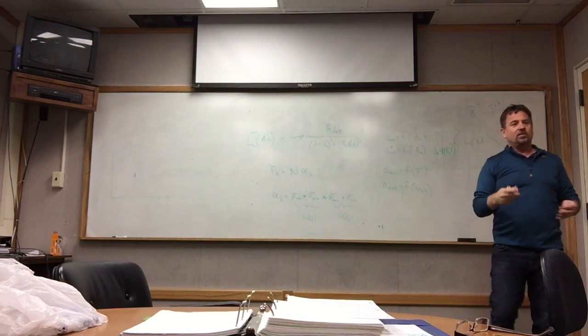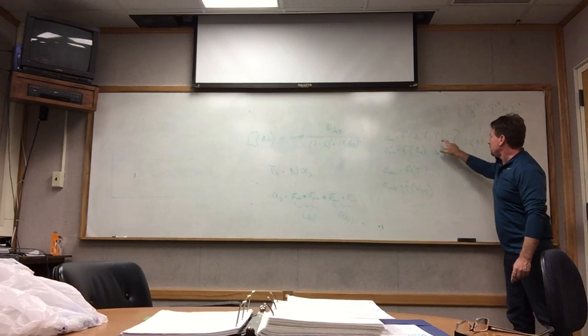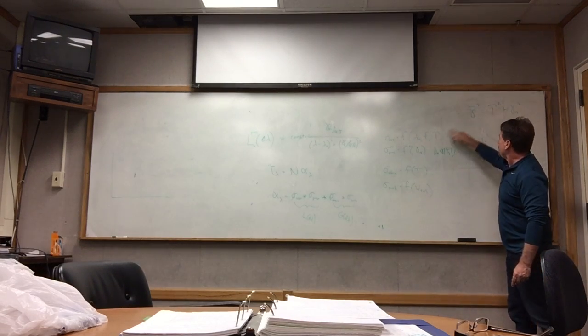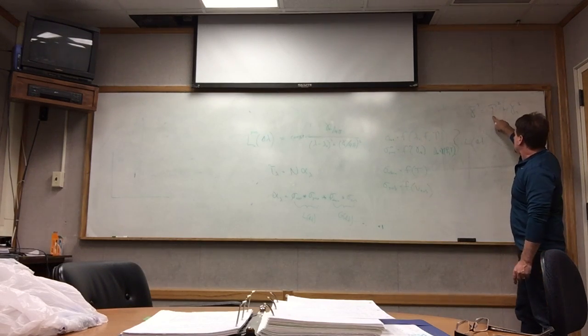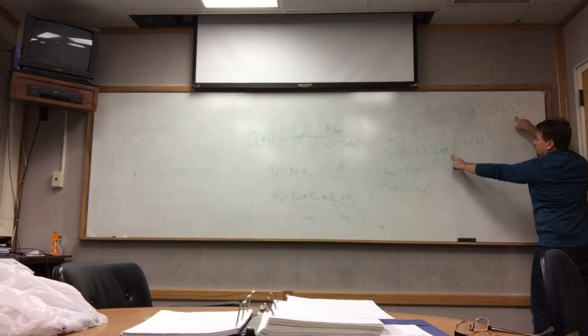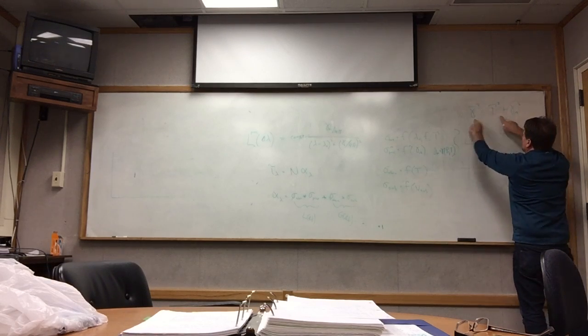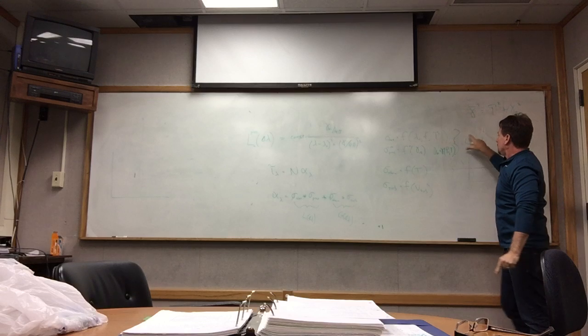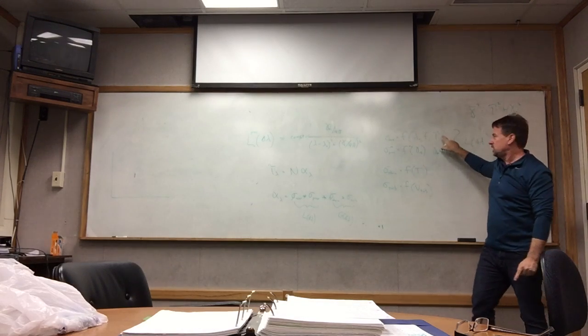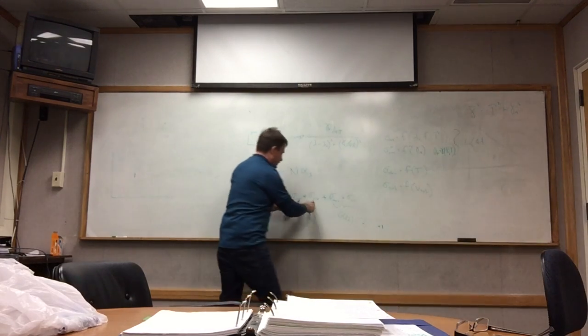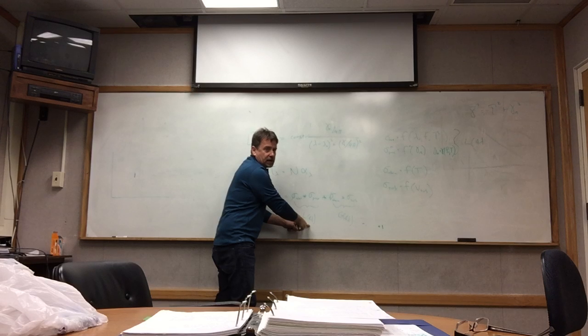You're not actually doing the convolution on the computer. You're using the property that the width of the natural Lorentzian and the width of the pressure Lorentzian are just added in quadrature to give you the new width of the Lorentzian, which is the convolution of these two. You see what I'm getting at?